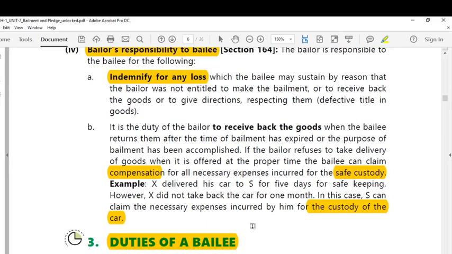But he declined to take back the goods after 5 days, and left it for 1 month. As a result, S had to spend something out of his pocket for the safe custody of the car. So that amount has to be given back by the bailor as a duty to the bailee.